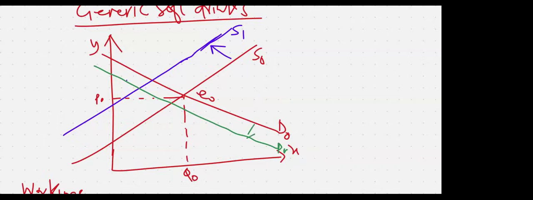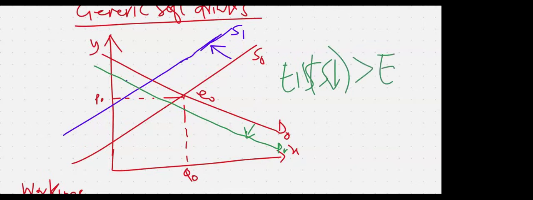You could clearly see that the distance between the supply S0 and S1 is greater than the distance between D0 and D1. That establishes the fact that event 1, the supply falling, should be more than event 2, the demand also decreasing. I've established it in the graph.